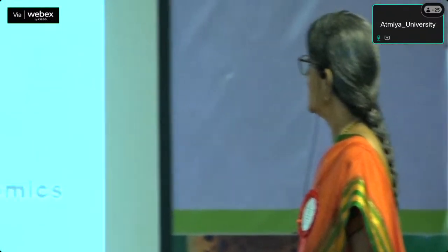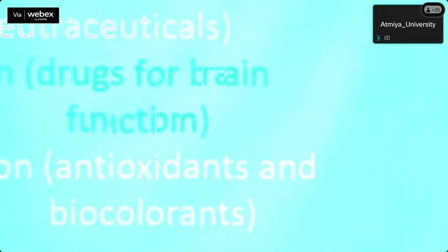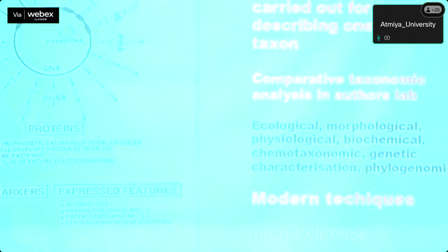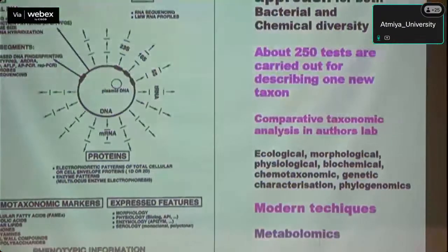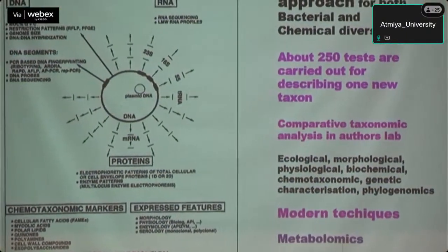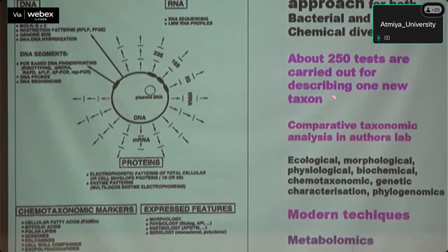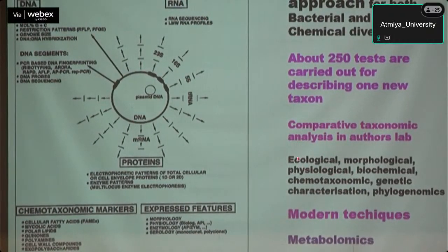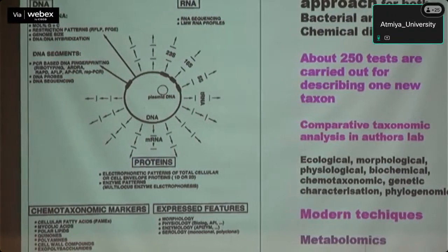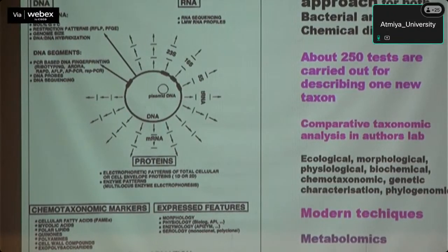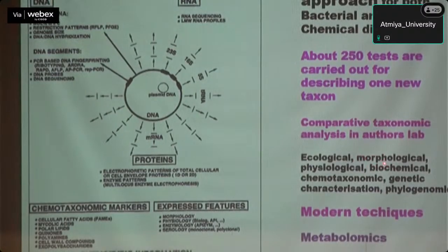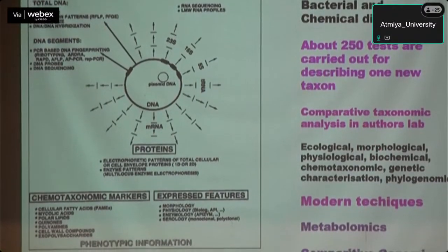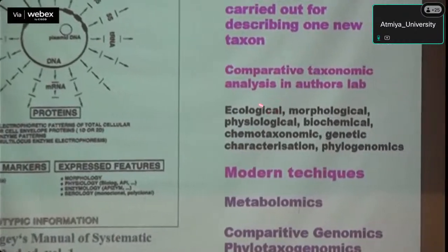So this is actually the culturing and characterization of the bacteria for description of new species. Dr. Dayanand was explaining in the morning. And then you have to do all ecological. You have to know at least the temperature and pH of the place from which you are isolating the bacterium. Morphological, both on the plate, culture, and then under the microscope.